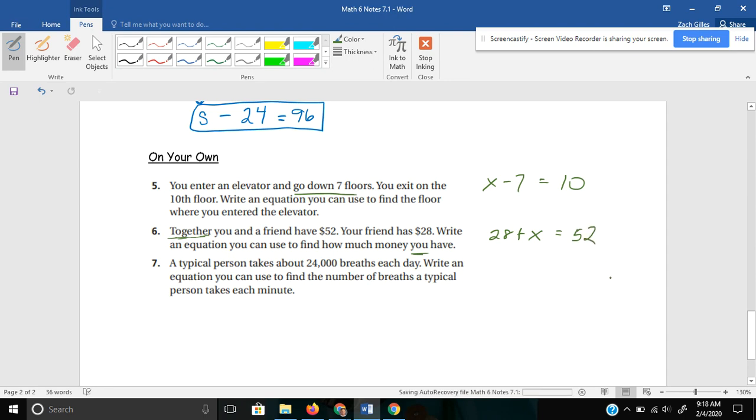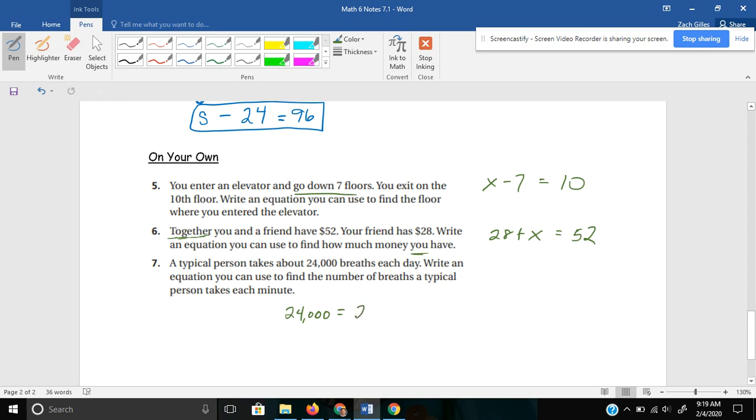And lastly, the typical person takes about 24,000 breaths each day. It's kind of a cool statistic. Write an equation you can use to find the number of breaths a typical person takes each minute. All right, so we could say the total that you take, so 24,000 breaths in a day, should equal, let's see, number of breaths each minute.